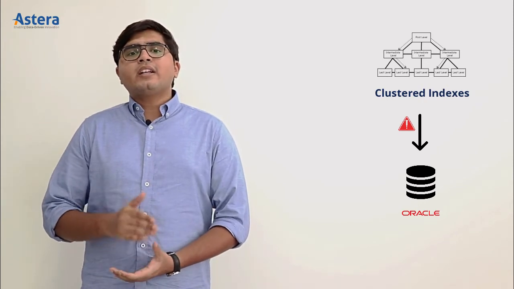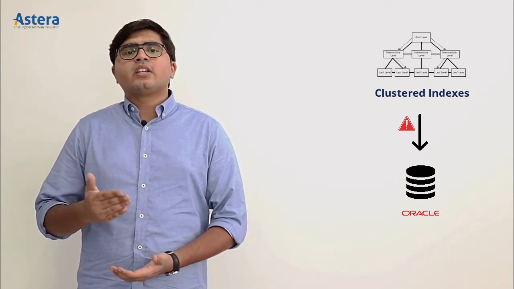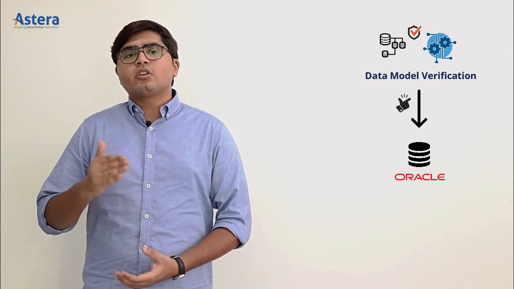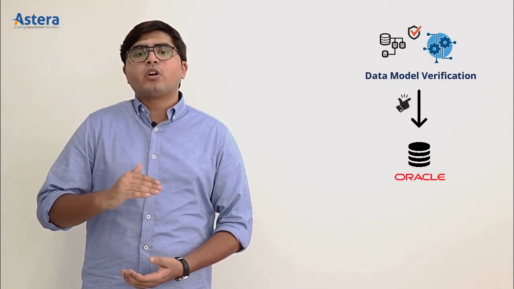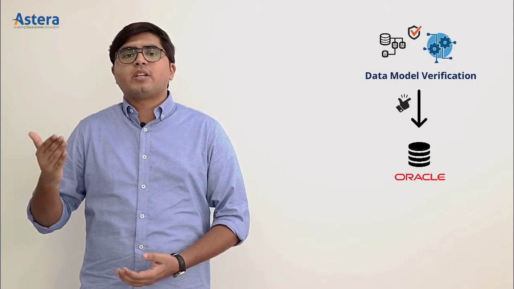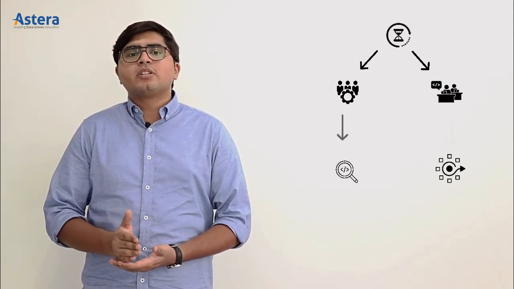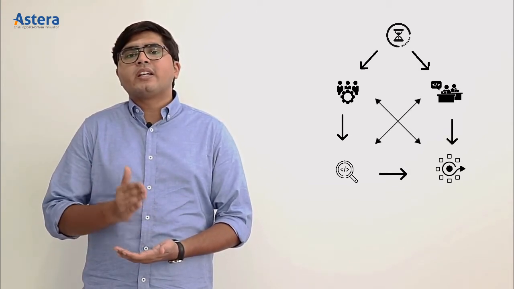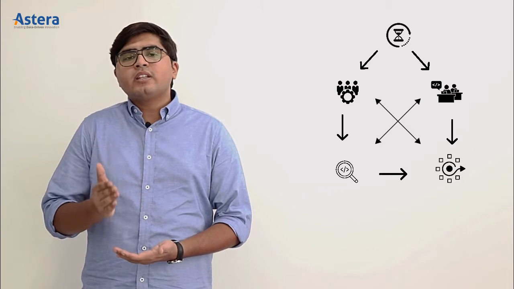Similarly, you might get an error on having a clustered index in your destination model, which again, Oracle doesn't support. With the data model verification system in place, you can easily resolve these compliance issues well before deploying the schema on the Oracle database. This saves both data modelers and ETL developers many hours worth of development rework that would otherwise go into identifying the issues and resolving them in each data model entity.